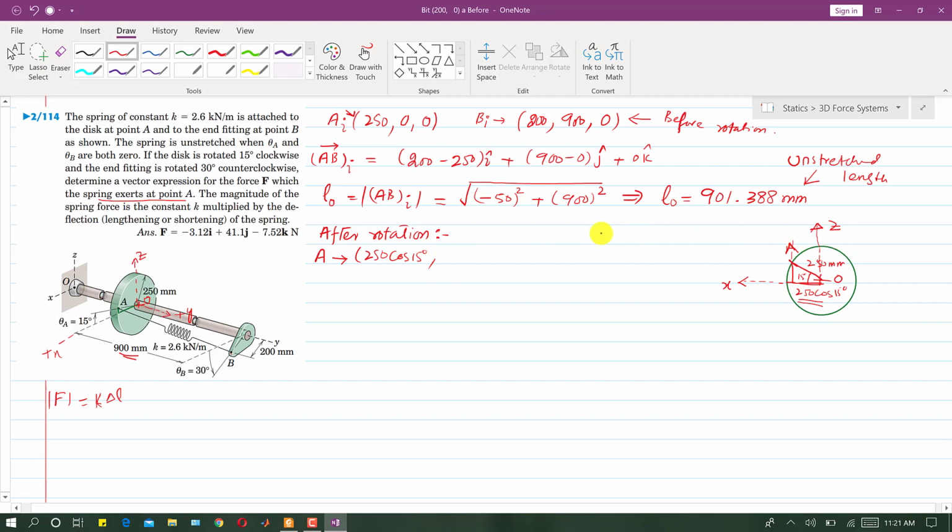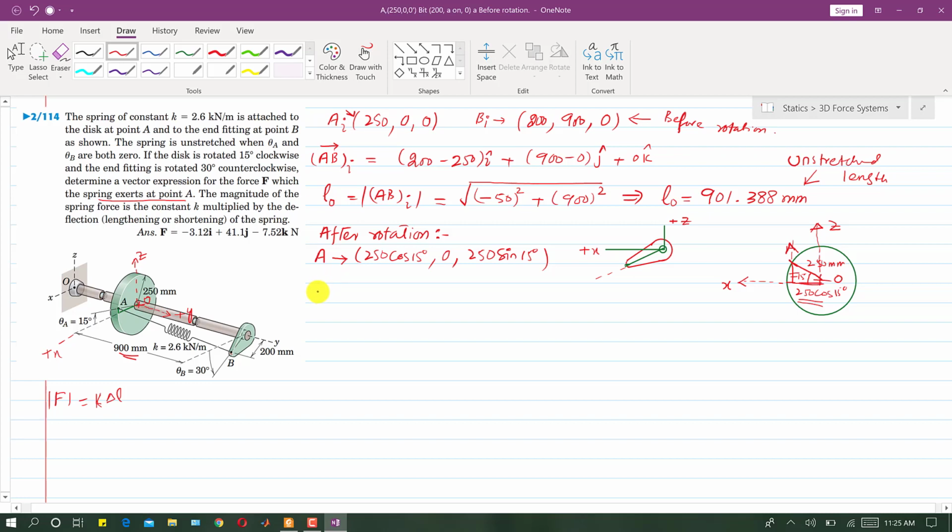Since point A is in the XZ plane, there is no need to travel in the positive Y direction, so the Y coordinate will be 0. Similarly, to reach point A we need to travel along Z a distance of 250 sine of 15 degrees, and it is positive, in the positive Z direction. So these are the coordinates of point A.